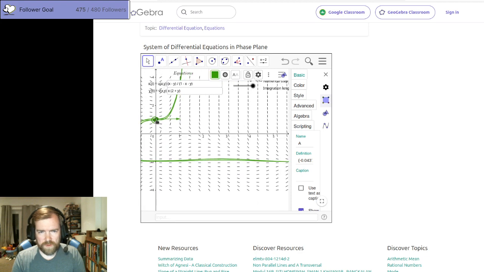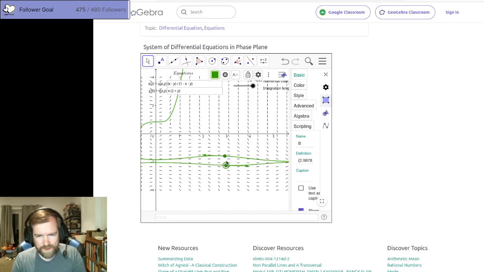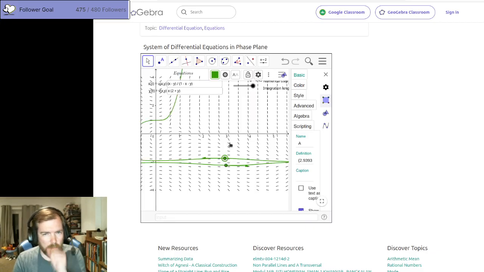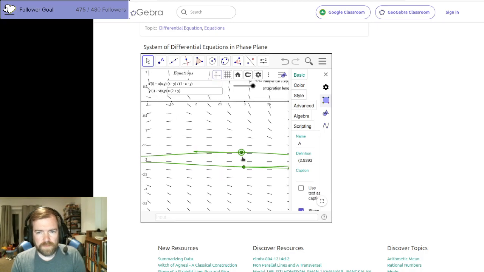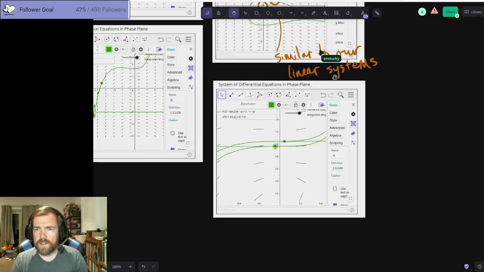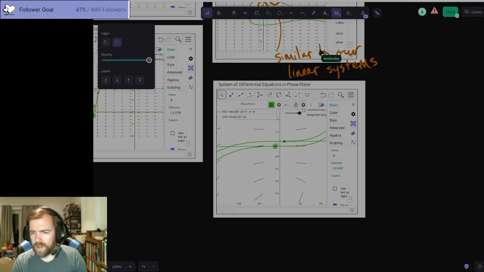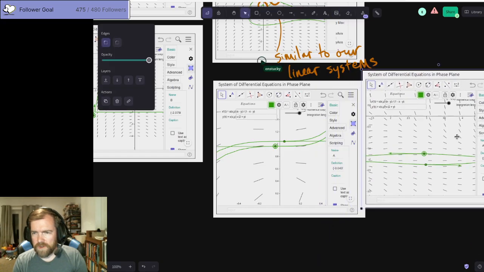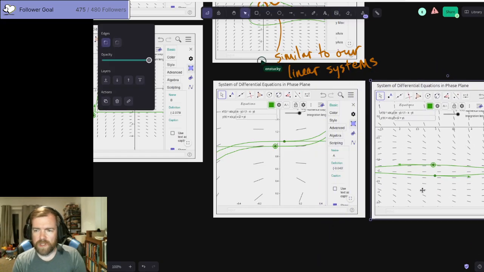So if we pull up, yeah, it keeps locking in. My GeoGebra wants to pick that particular point. But essentially, we can see on this one, there's also nothing especially interesting seeming to go on right there.